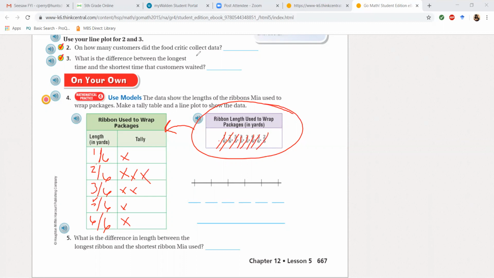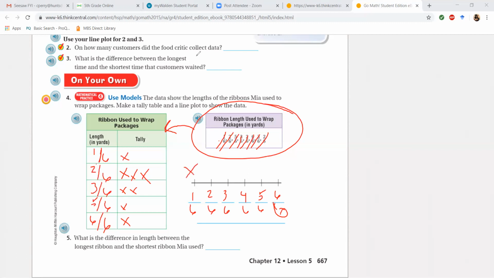Now I need to put this information in my line plot. So 1/6, 2/6, 3/6, 4/6, 5/6, and 6/6. All right, so let's transfer our X's over here to our line plot.